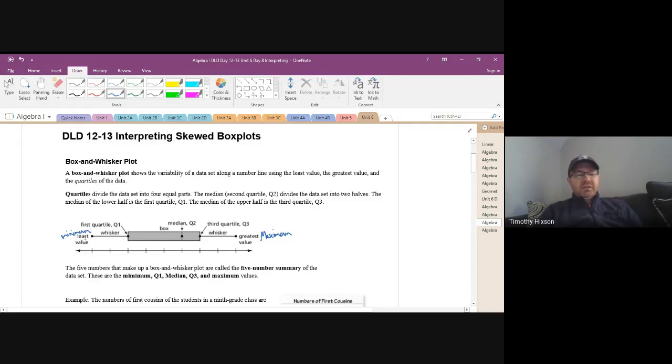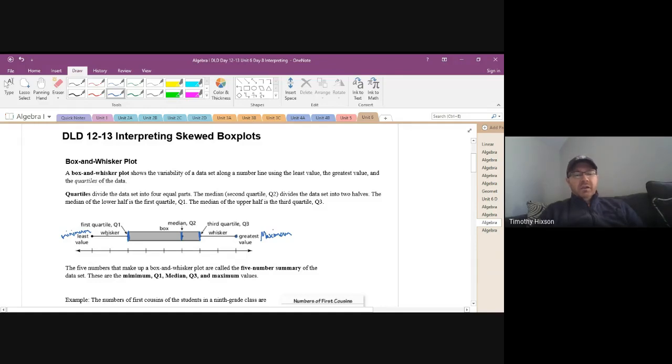So there are five numbers that do this. The minimum is the first one. The first quartile is the left side of the box. Then you have the median, which you could call the second quartile, but it's usually called the median. Then we have the third quartile, and finally the maximum.